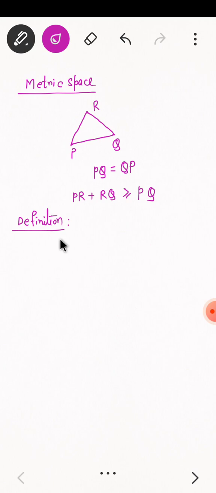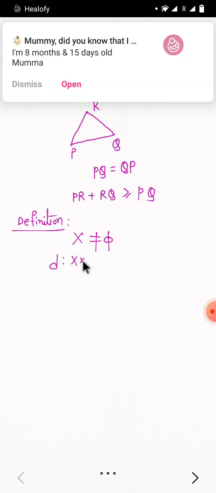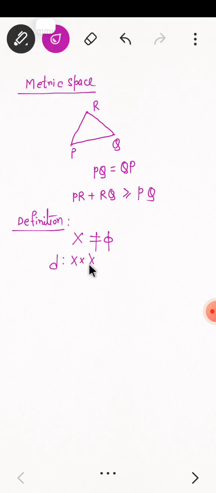Let X be any arbitrary non-empty set. Let D be a mapping from X cross X to R, the set of all real numbers.